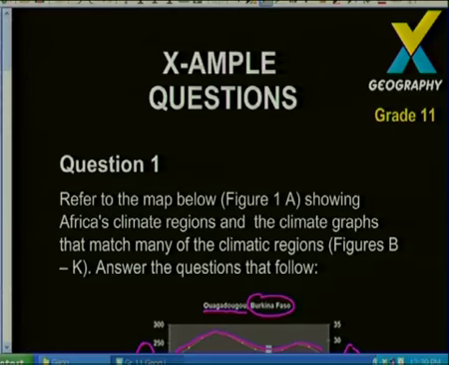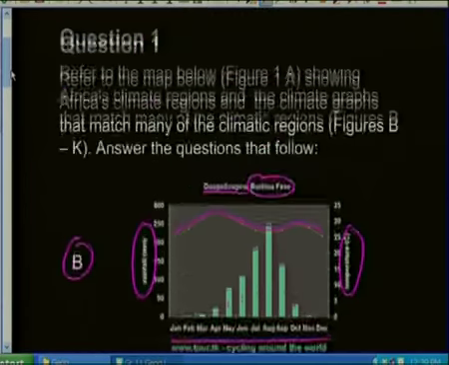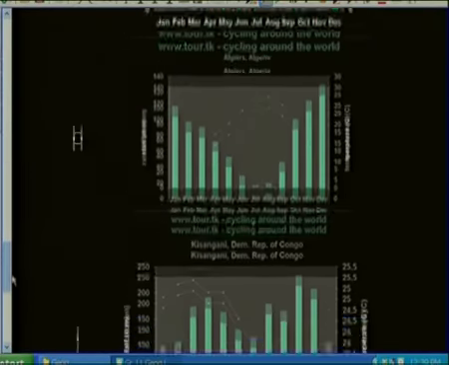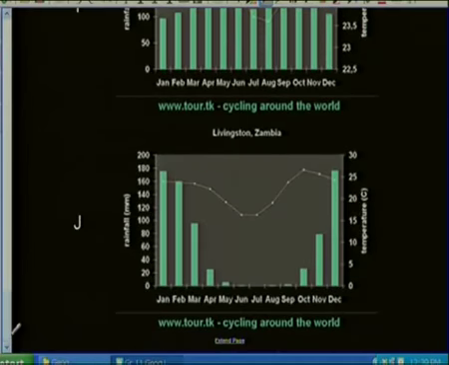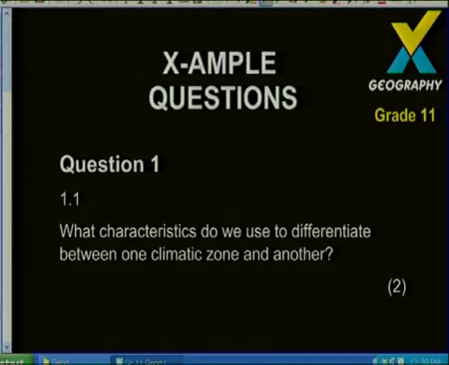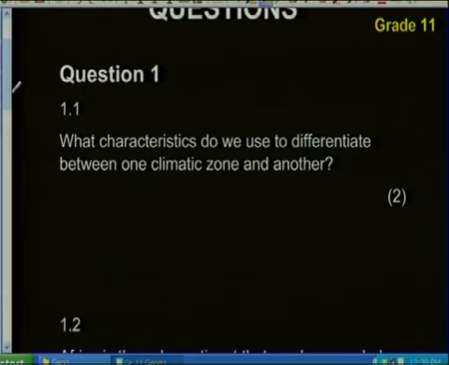Okay. Now, if we have a look here at the first question, we've looked at all those graphs in more detail now. Let's see what they want us to do. The first thing they want us to answer here is, what characteristics do we use to differentiate between one climate zone and another, for 2 marks?